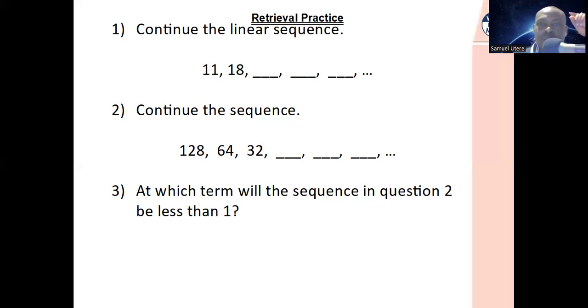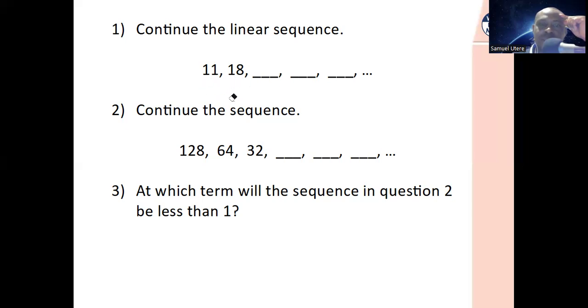Here we're asked to continue the linear sequence. You can clearly see that we're adding 3 every time. Sorry, not 3. We're adding 7. Sorry about that.